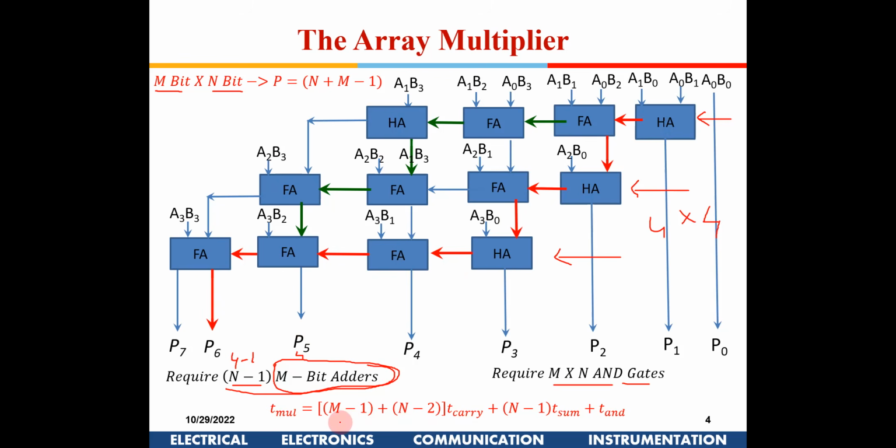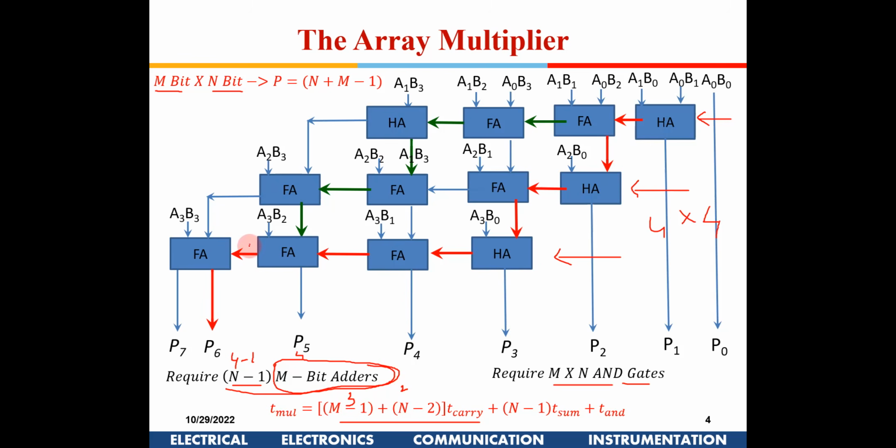So the total number of carry delays in this particular array multiplier will be m minus 1 plus n minus 2. In this particular example we have used a 4 into 4 multiplication. So 4 minus 1 will be 3, and 4 minus 2 is 2, so 5.